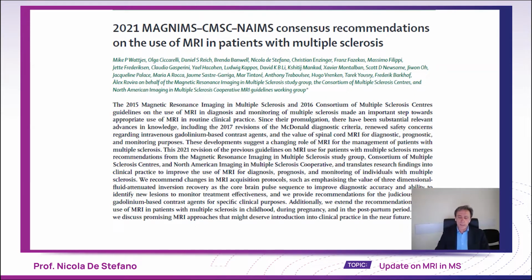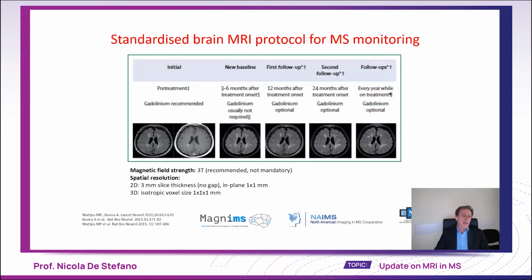I don't have the time to get into this, and I don't want to focus my talk only on it, but one important message from this consensus recommendation is the need of using MRI for diagnosis, for prognosis, and for monitoring MS. But when we want to do this in a proper way, we need to standardize brain MRI protocols for monitoring these patients.